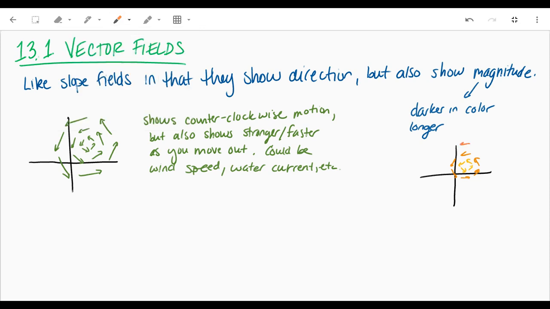I guess it is. I'm trying not to make them any different length, but as it gets darker, you could think that those are the ones with the higher magnitude.